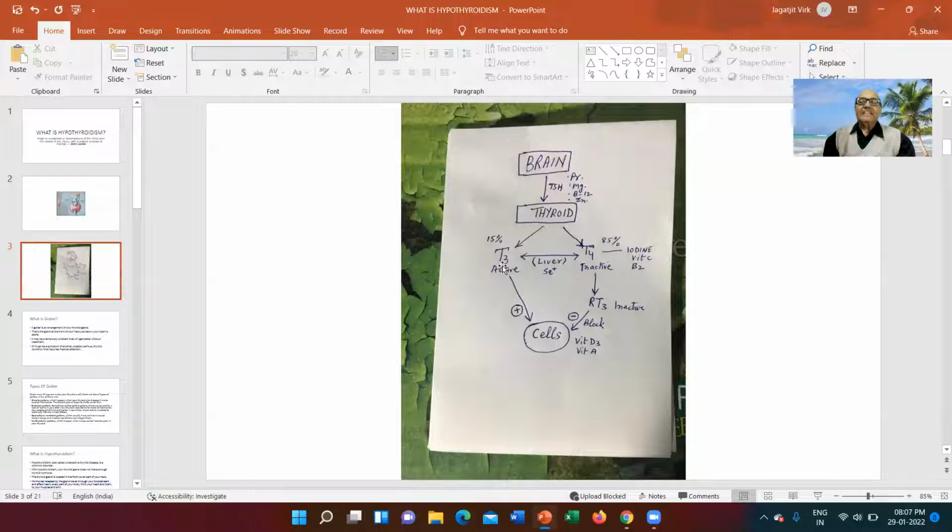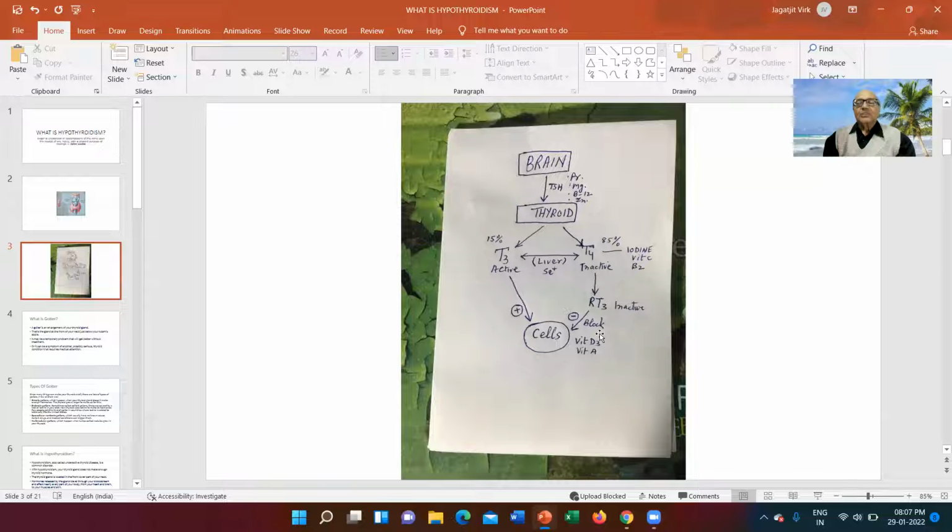Reverse T3 is an isomer of T3, and it is inactive. And when T4 is more, T4 is inactive, and RT3 is still inactive. It can't stimulate the cells. It blocks the function of cells. So there is hardly any use of giving those medicines if the conversion is not taking place.